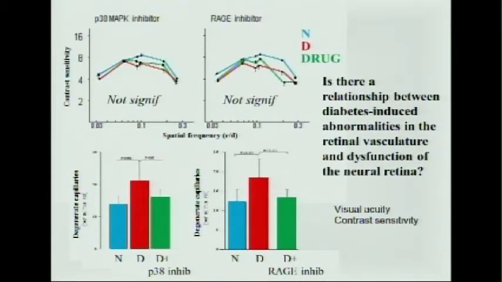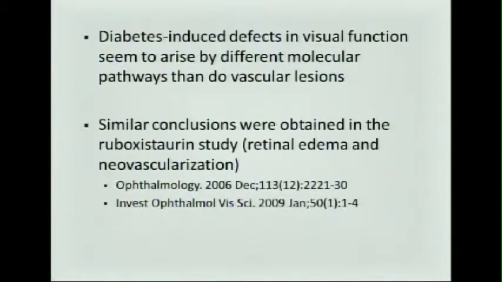If we look at these same drugs, the P38 inhibitor and the RAGE inhibitor, there is no significant effect of either of these two therapies on contrast sensitivity. So basically what it says is that diabetes-induced defects in visual function likely arise by different pathways than cause the vascular abnormalities. These are different animals.